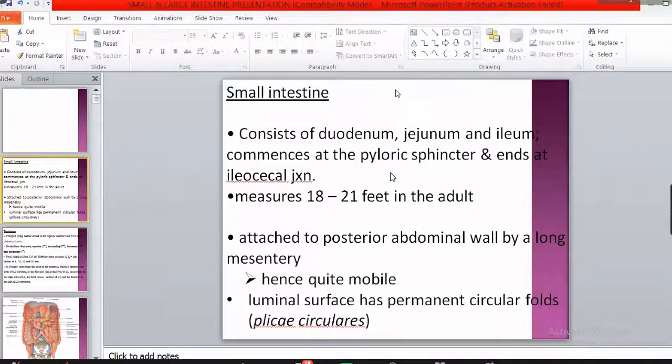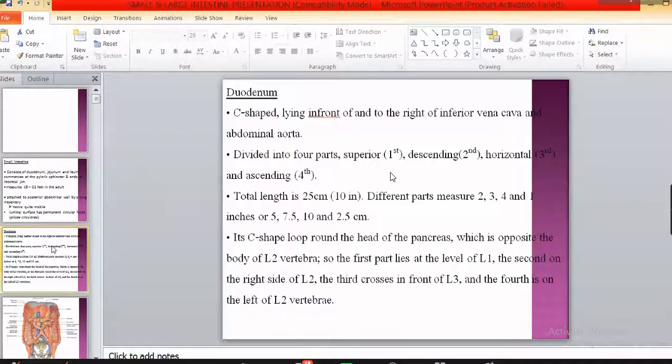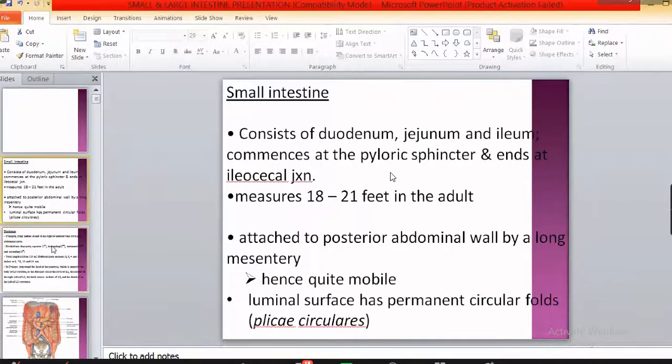Within the small intestine, we have mucosal folds which are circular, referred to as plicae circulares. In the duodenum, the first, superior part does not have these plicae circulares. You find them mainly in the second, third, and fourth portions, then the rest of the small intestine.